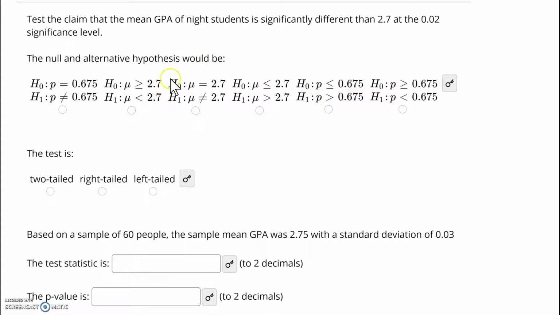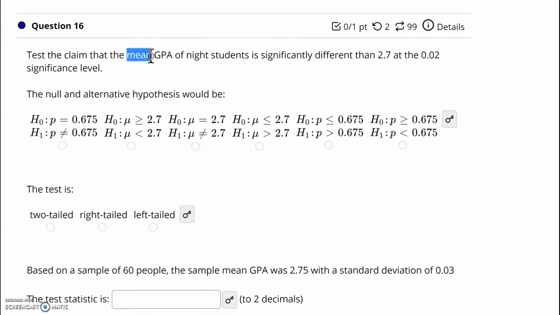The one I have left is this one because it's the only one that has a mean, because I'm testing the mean. And so that has to be this one right here. Okay, and then the alternative says significantly different than. It doesn't say significantly less than or significantly greater than. So that's why I would use the not equal.